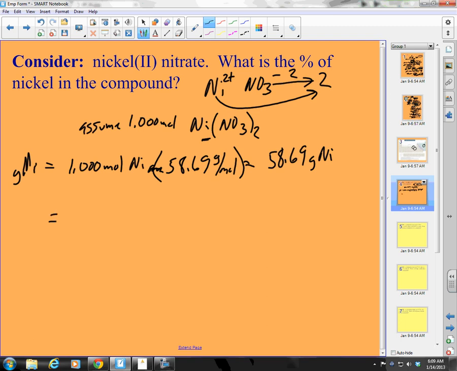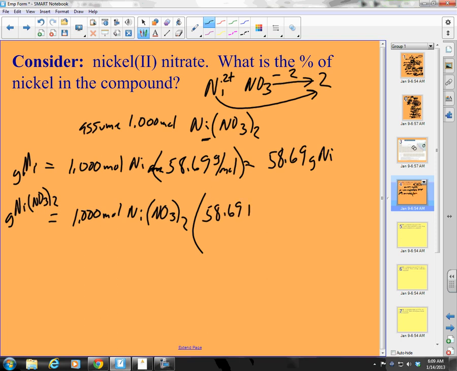I assume I have 1 mole of my nickel 2 nitrate. So I have 1.000 mole of nickel 2 nitrate, and I want grams of nickel 2 nitrate. How do I get that? I need to multiply by its molar mass. So that'd be 58.69 plus 2 times my nitrate.